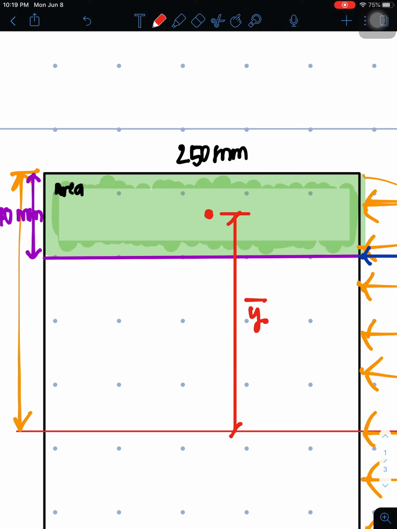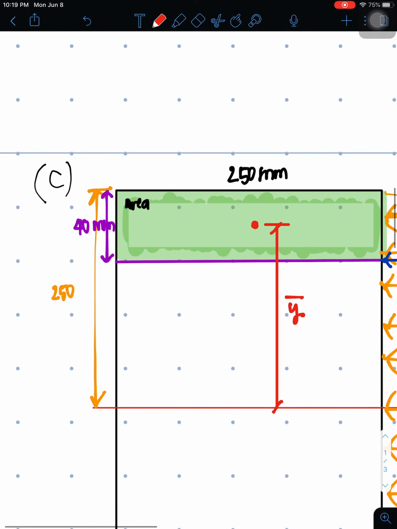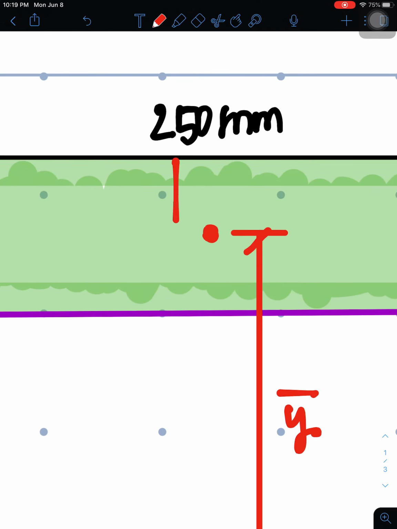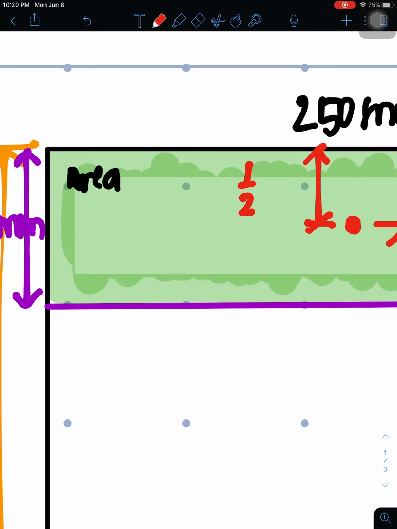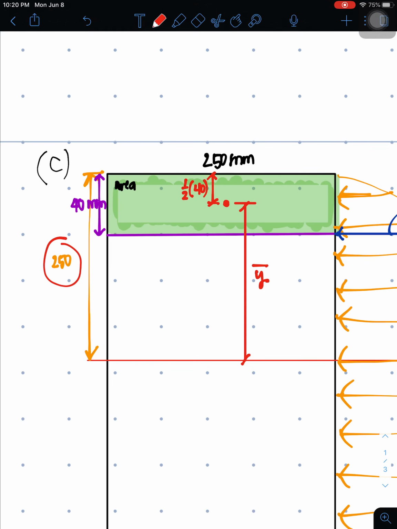So pila may distance ana? Unsa man ang distance. So of course, we will be using 250 and we're gonna subtract this distance. Pila man nga distance. So kani nga distance, this is just 1/2 of 40. So 250 minus 1/2 of 40.